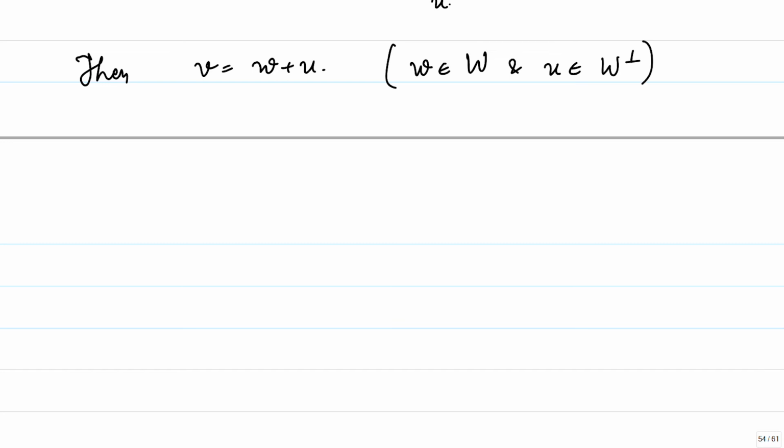So hence, given any vector, we can write it as a sum of two vectors w and u, where w is in capital W and u is in the orthogonal complement of W. So we just have to now show that this expression is unique. So it is enough to show uniqueness. Suppose we have two such expressions.